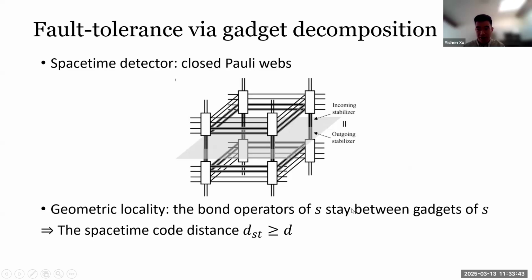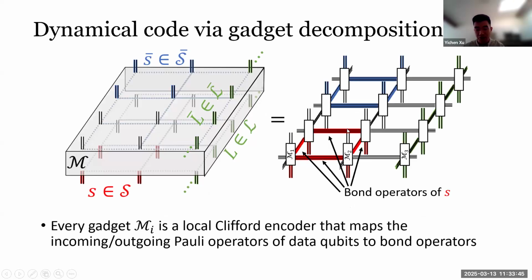If the mappings onto these bond operators preserve what we call the geometric locality requirement, which means that these bond operators only stay between the gadgets involved in the static stabilizer, then your code distance is preserved. The constraint means that no bond operator leaks to nearby gadgets. If you leak, you're paying the price of decreasing your space-time distance during this dynamics.